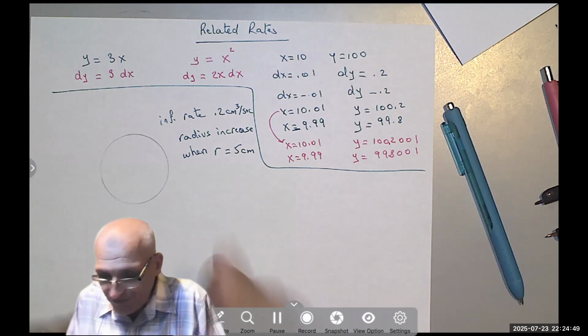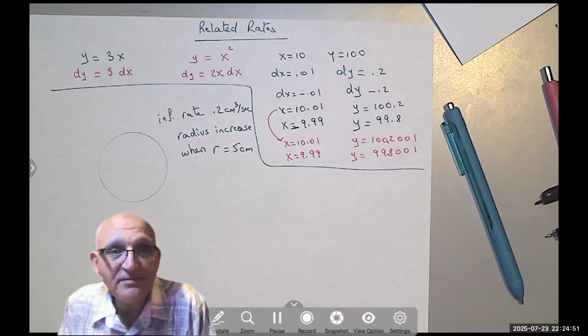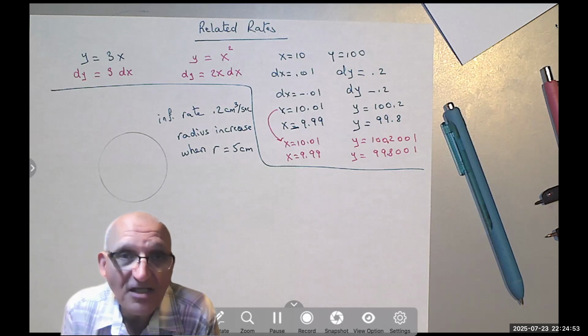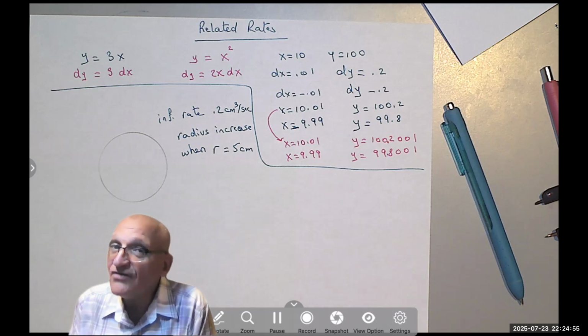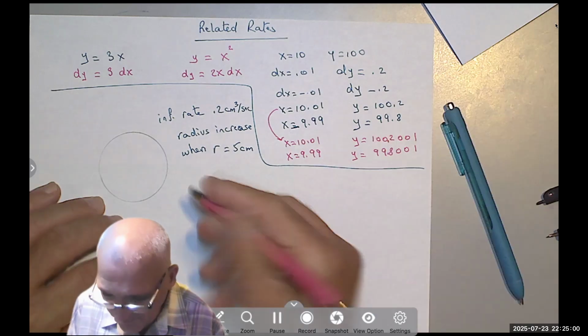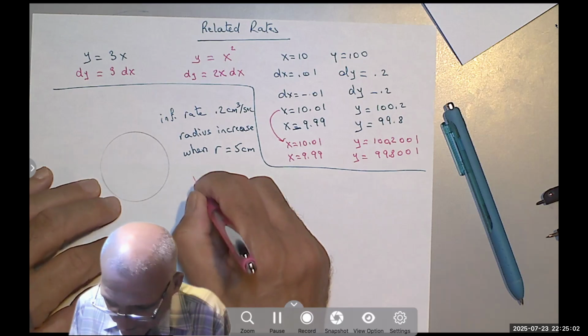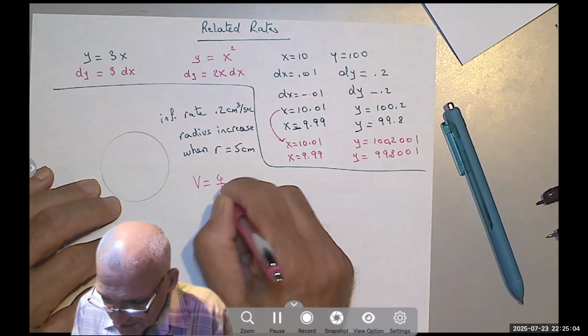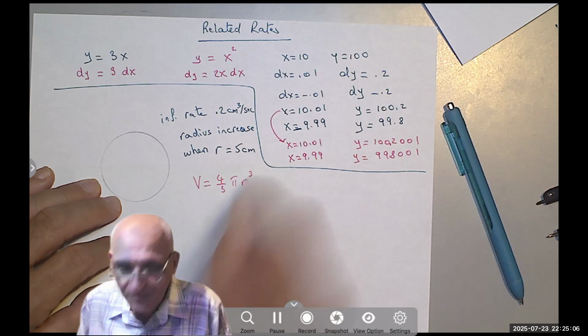Well, the 0.2 cubic centimeter here is an increase in volume, and you know the volume of a sphere, hopefully you know that, the volume of a sphere is 4/3 pi r cubed.